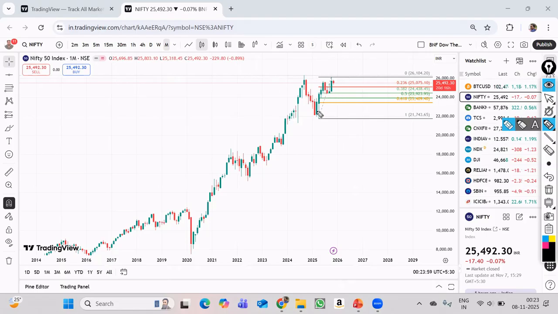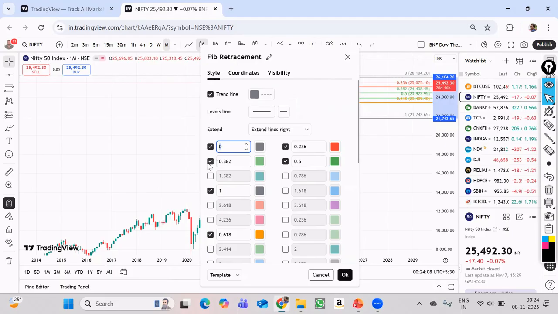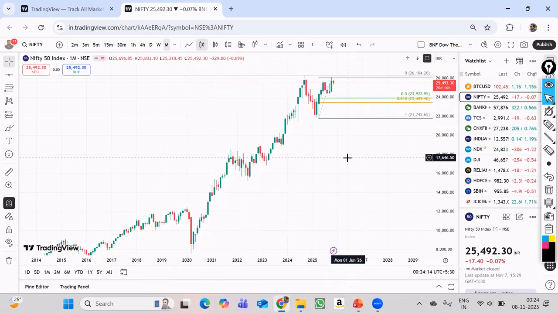So this is for an example. I've shown you the Fibonacci. So what we are going to do is we are going to remove these levels 0.382 and 0.236, and we are just going to keep 0.5, 0.618, 1, and 0.